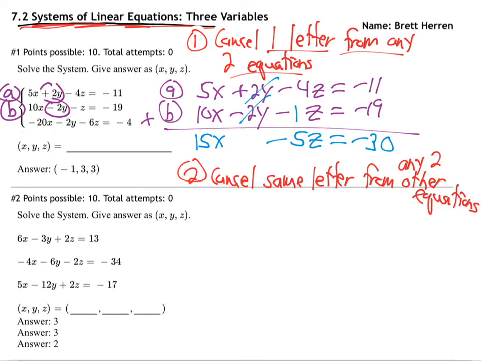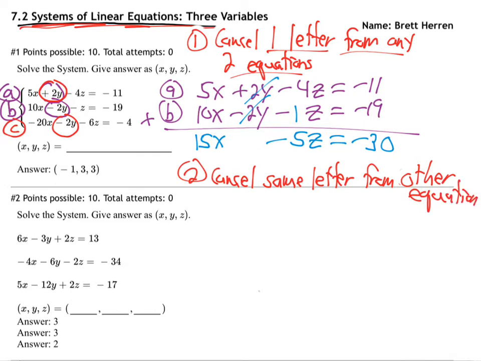You're going to reuse either A or B and then another one. What would be easiest would be A again, this time with C. Cancel that same letter from the other equation, the one you haven't used.